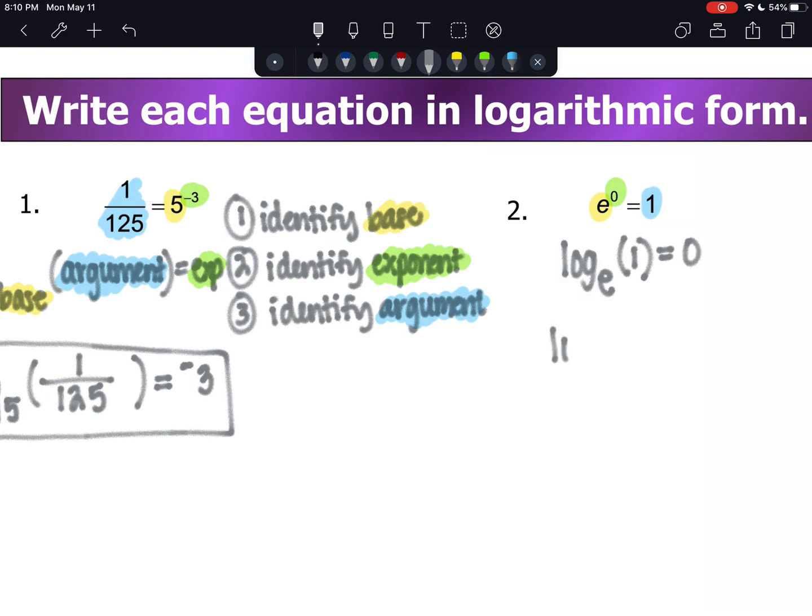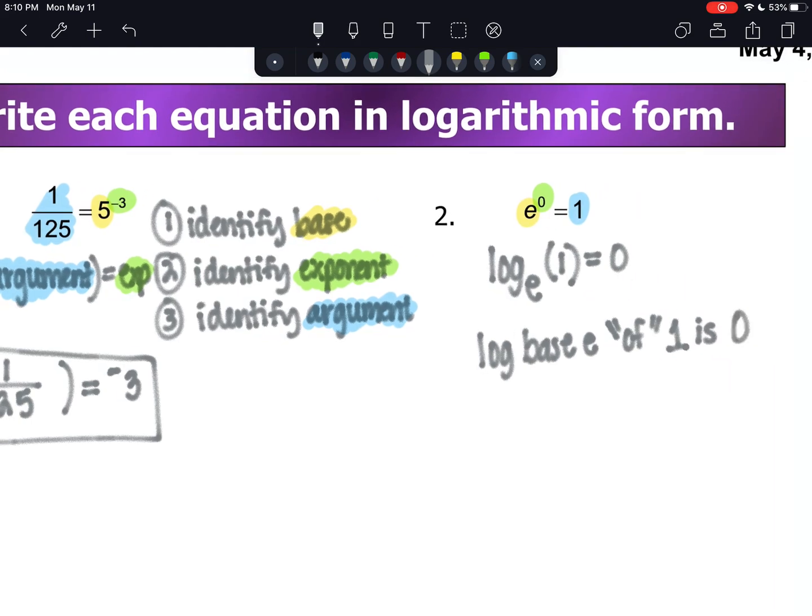So we say that log base e of 1 is 0. So that's how we write or read that. And you could say equals. You don't have to say is, but if we're going to use just words, we might say is. So log base e of 1 is 0 or equals 0.